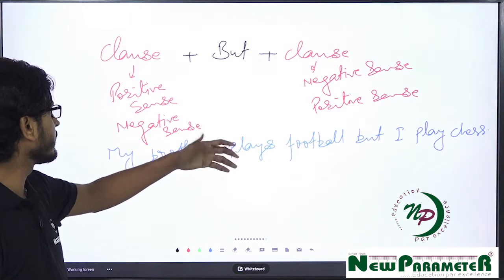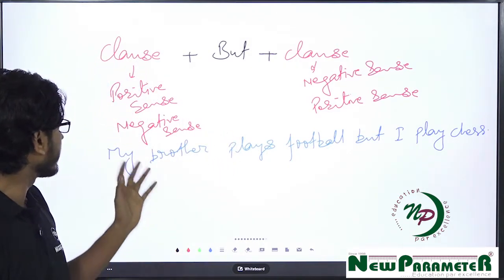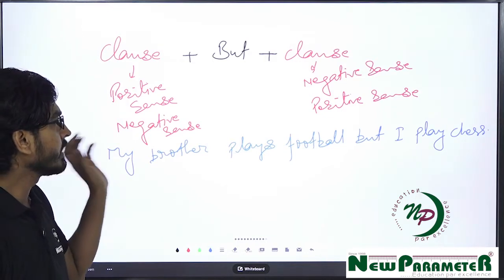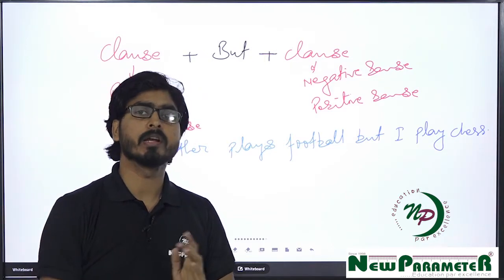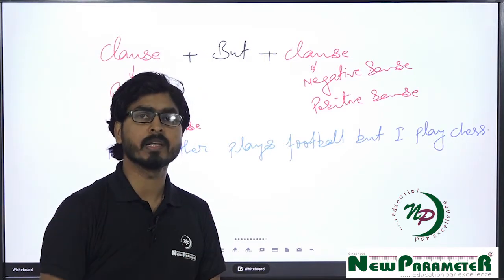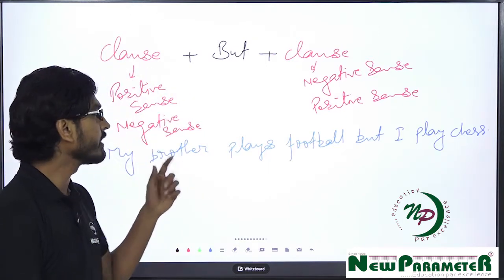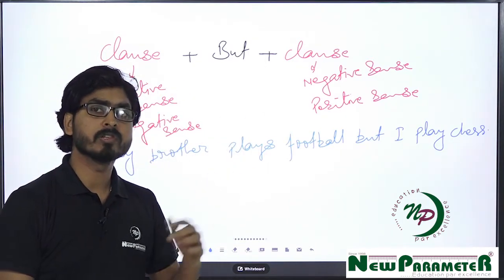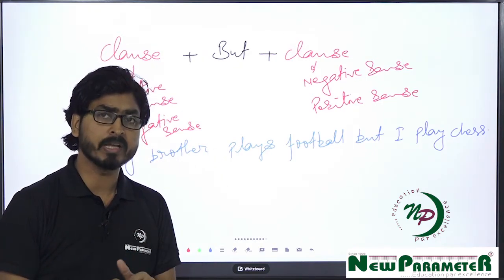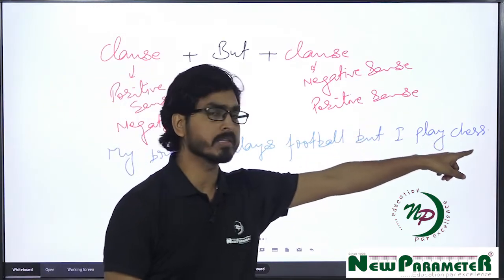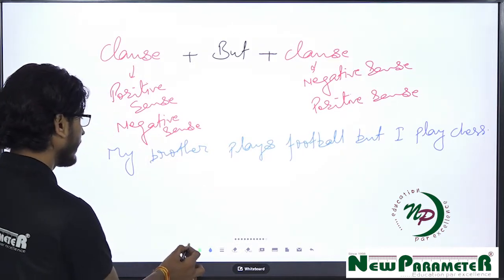You will tell, sir, there is no positive or negative sense. This is not exactly like that; for a sentence to be negative, it is not mandatory to have a negative word. There is a difference between sentence negative and sense negative. I am talking about sense negative. If I am telling my brother plays football, his interest is in football, but mine is not. My interest is in what? In chess. So this clause contradicts this one.